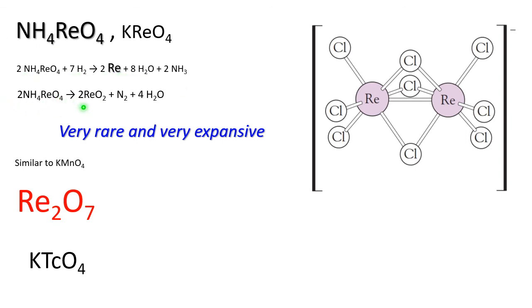You can simply heat it in order to have rhenium dioxide, similar to manganese dioxide. You can make oxide Re2O7. Rhenium complexes, as we have seen before, tend to have polymeric nature.